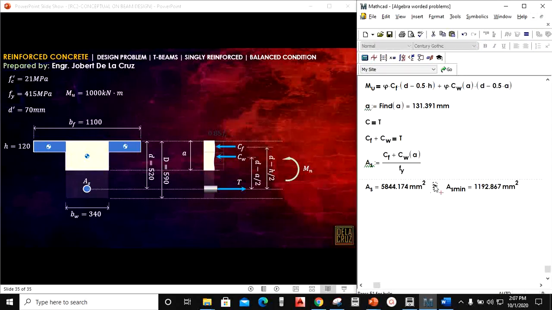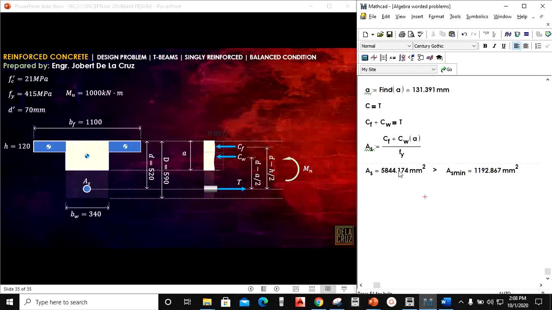So, if that is greater than the AS minimum, then, pumasa siya. Then, i-check na lang natin if lumagpas ba siya sa ating strain. Now take note, we have the value of A here. So I will calculate again the C by A divided by beta 1. Okay?